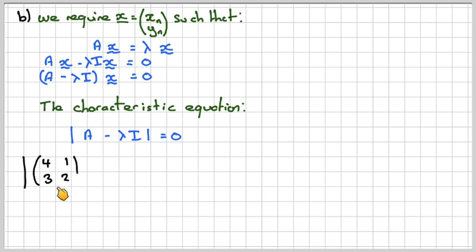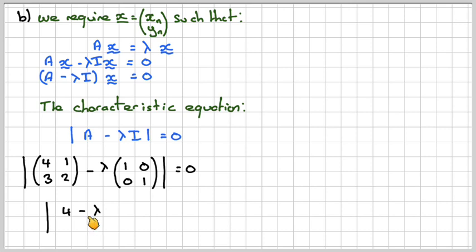Let's see how that works. So our matrix minus lambda times [1, 0; 0, 1] will have to be equal to 0. So that gives a determinant of (4 minus lambda), 1, 3, (2 minus lambda), equal to 0.